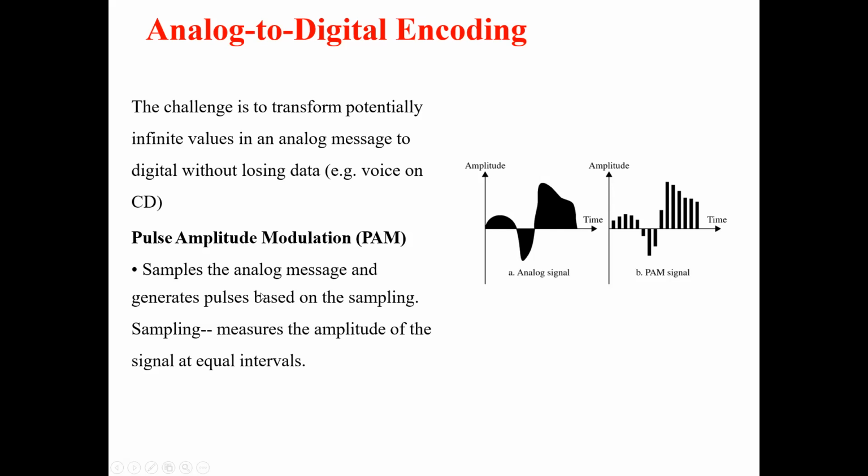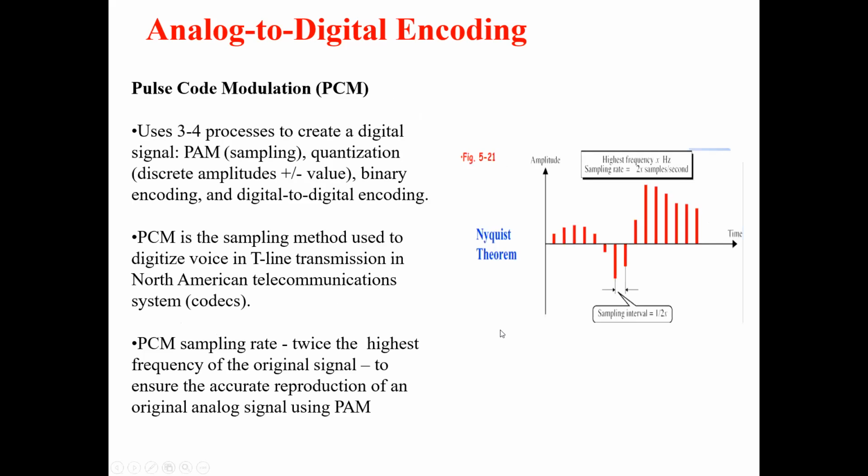This is the most common technique. The PCM encoder, which we will see in detail, uses 3 to 4 processes to create a digital signal: sampling, quantization, binary encoding and digital to digital encoding.